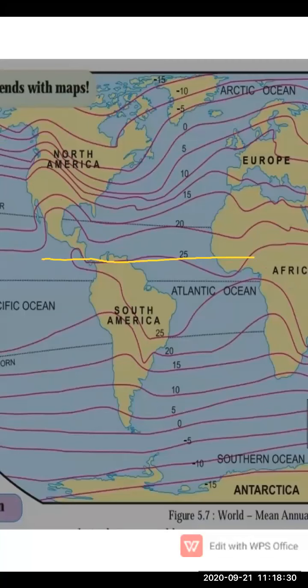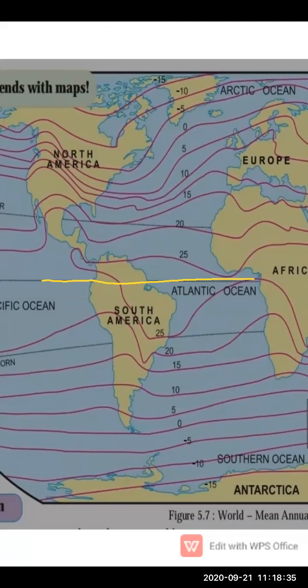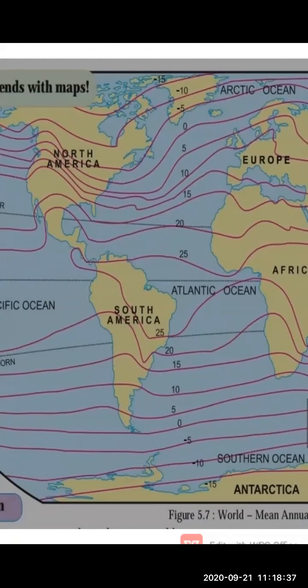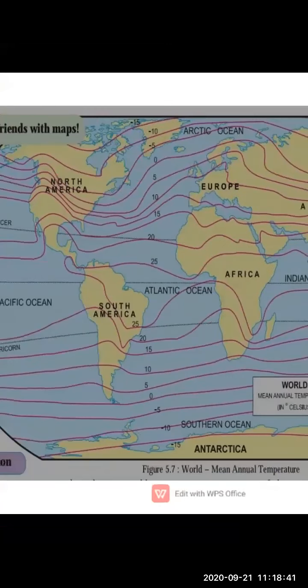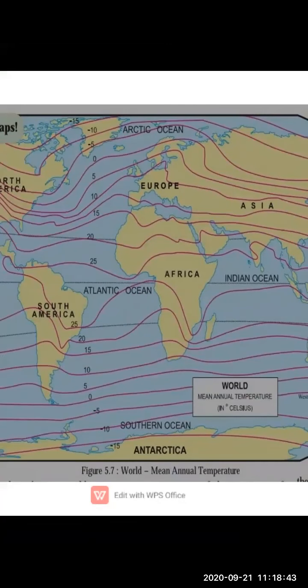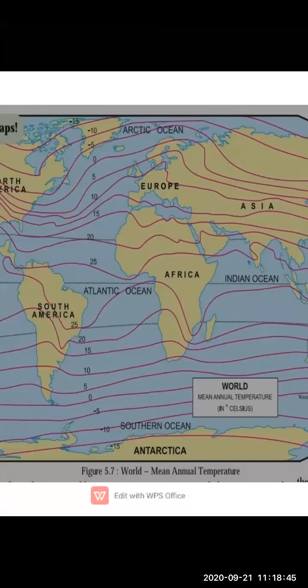The shape of this line appears like an ellipse. Yes children, we know very well, an ellipse is kind of oval in shape. So here you can see very well this isoline which I have circled here. This is kind of oval in shape, so it appears like an ellipse.